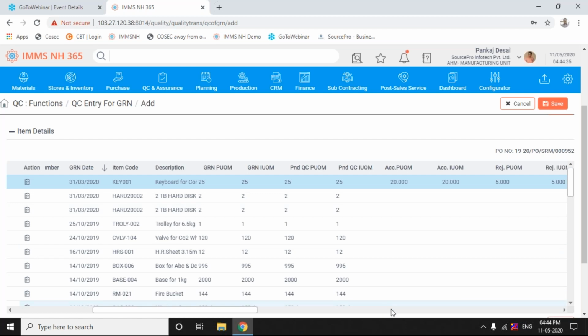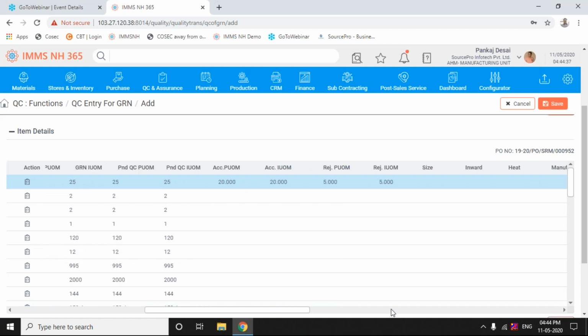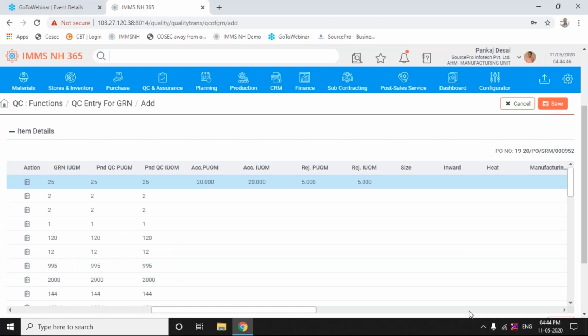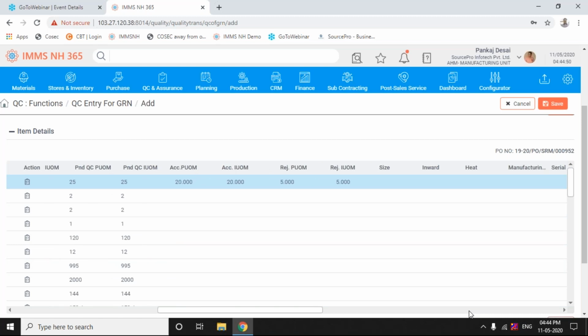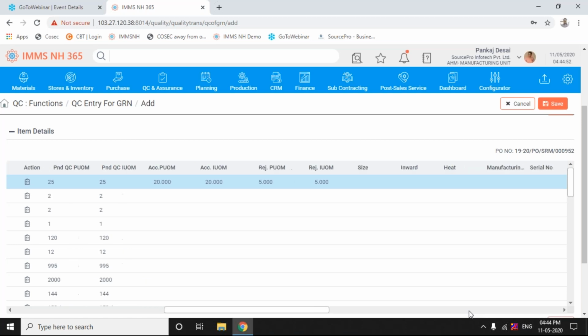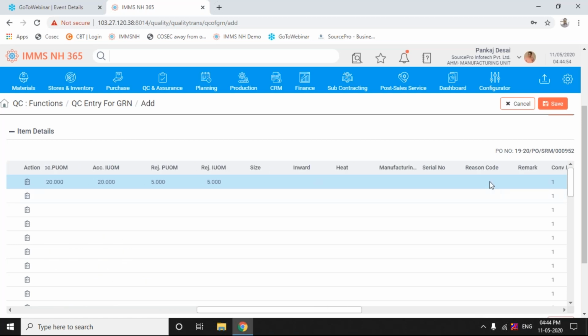Request all of you to keep in mind that we are talking of material GRN right now, and we are talking of a simple case. So where I have put these 5 rejected, these fields of size, inward heat number and all that, we will touch upon in future training sessions. So we have to give the reason code and remark.